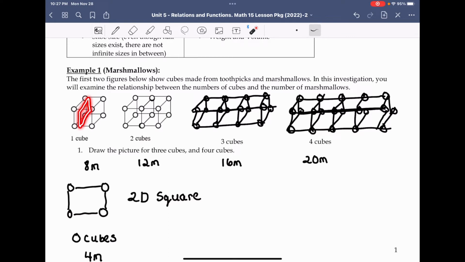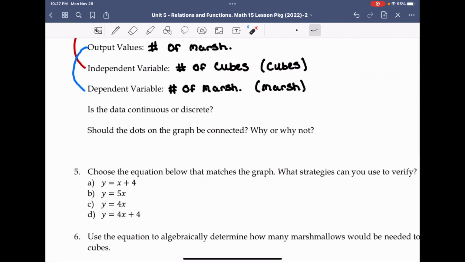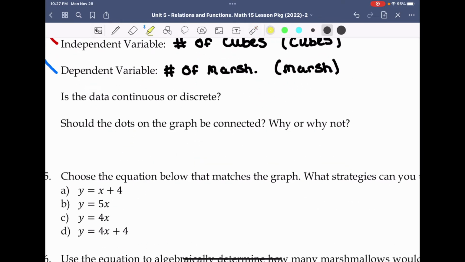Because we wouldn't break apart marshmallows into eighths and sixteenths and all those sorts of fractional amounts. It is a 1-to-1, meaning 1 cube has a certain amount of marshmallows, 2 cubes has a certain amount of marshmallows, and there is no data points between. So we would say that this is an example of a discrete data, or more specifically, this is discrete data.